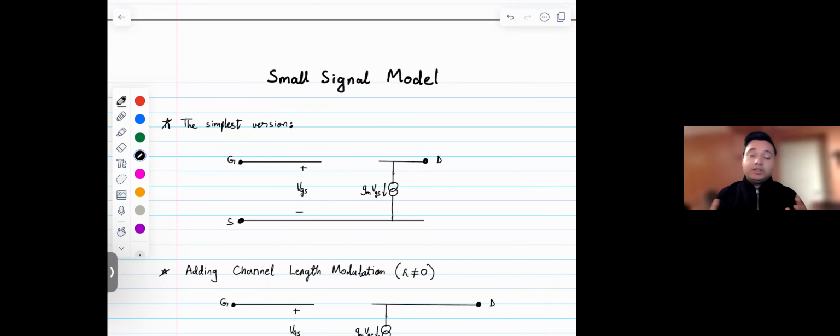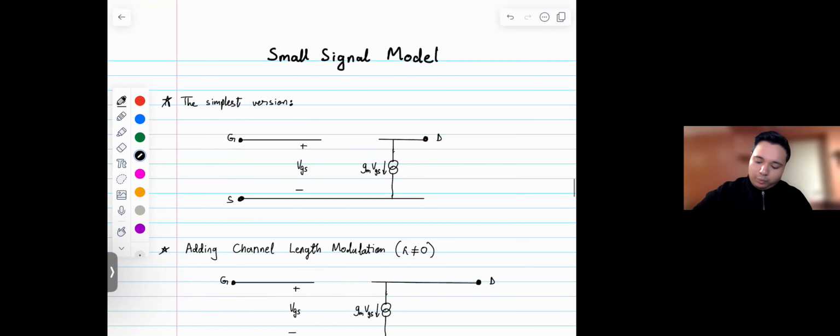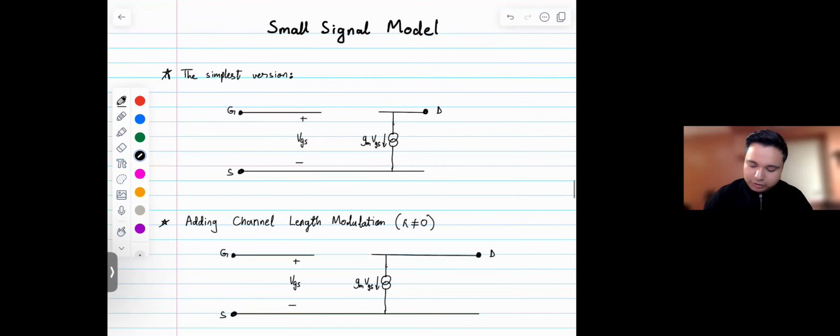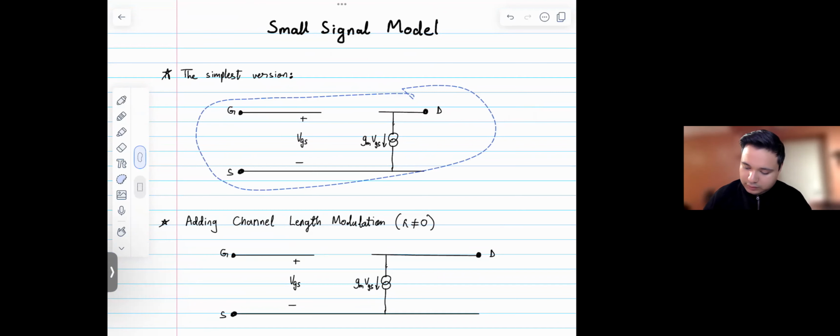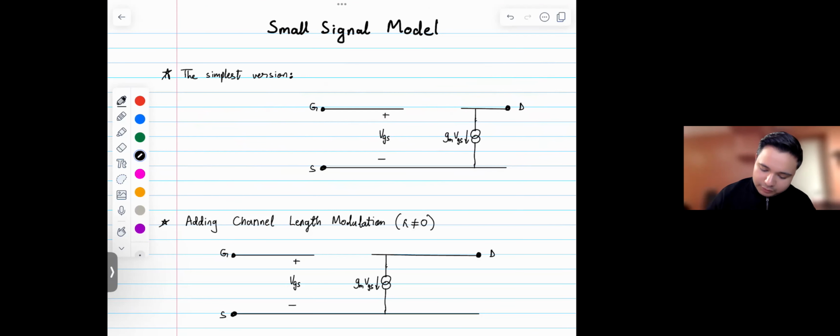Now let's talk about the small signal model. All right, so we can represent a simple transistor. For a simple transistor, we have the gate, the drain, and the source. And this is the equivalent version in a small signal model for a transistor.